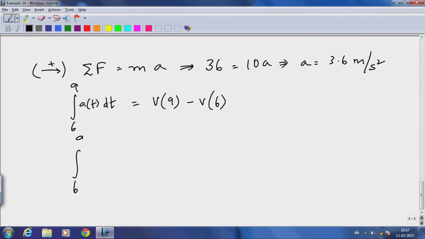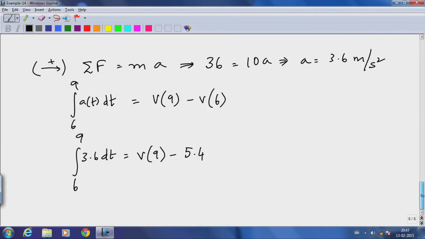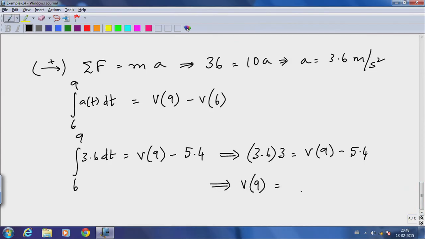So, this is V of 9 minus 5.4, which also implies that the velocity at 9 seconds is 10.8 plus 5.4, which is 16.2 meters per second.